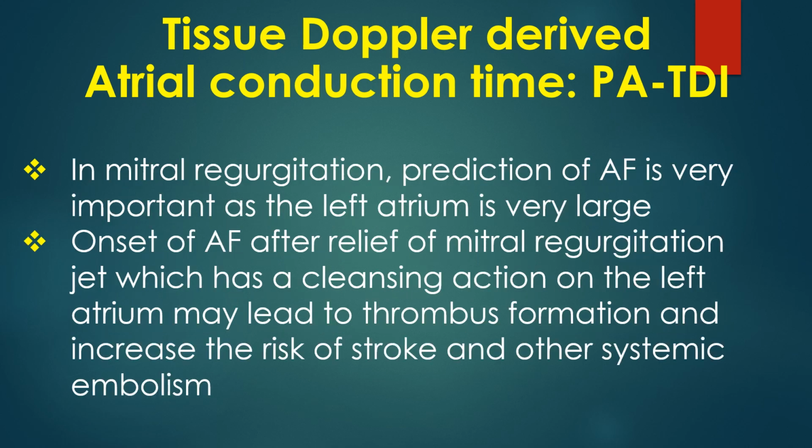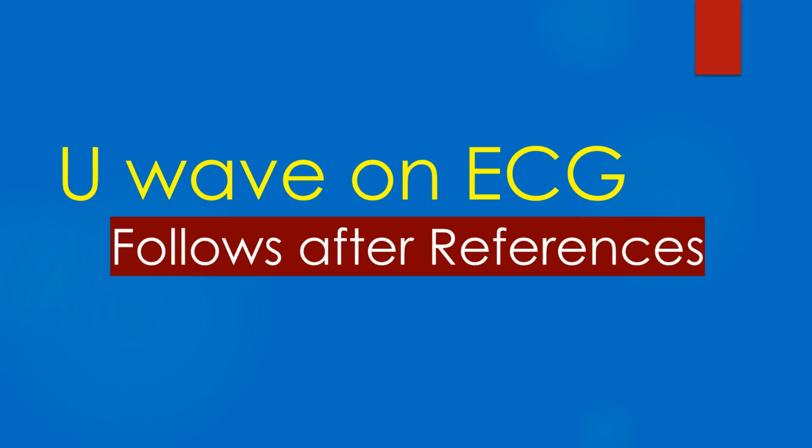In mitral regurgitation, prediction of AF is very important as the left atrium is very large. Onset of AF after relief of the mitral regurgitation jet, which had a cleansing action on the left atrium, may lead to thrombus formation and increase the risk of stroke and other systemic embolism.